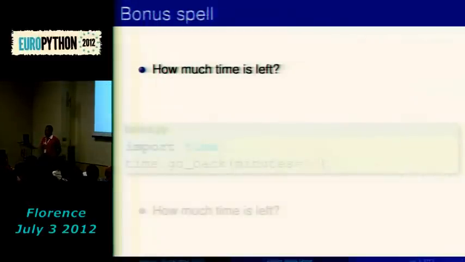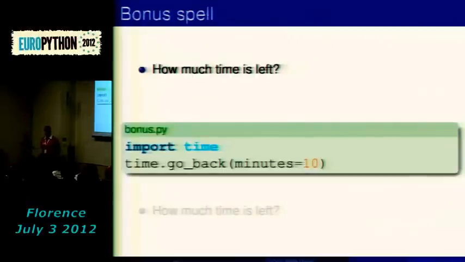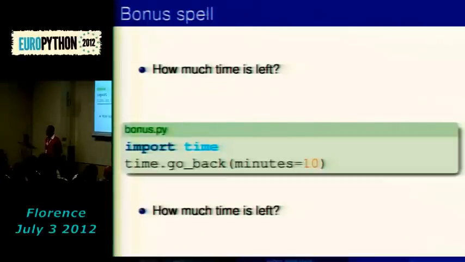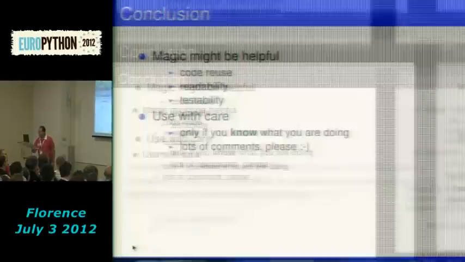So I think we are running out of time, because how much time is left? 7 minutes. I tried this bonus spell to go back in time and have some more time, but I suppose it doesn't work, because how much time is left now? 7 minutes. Didn't work, sorry. So I suppose I just jump to the conclusion, because I had one more magic to show you, but I already knew I didn't have enough time to show.